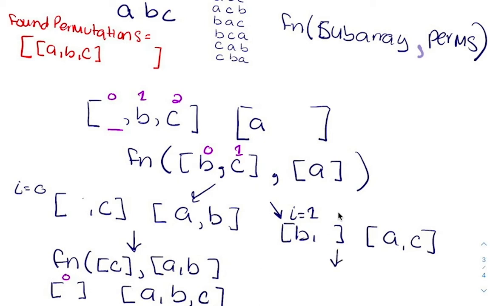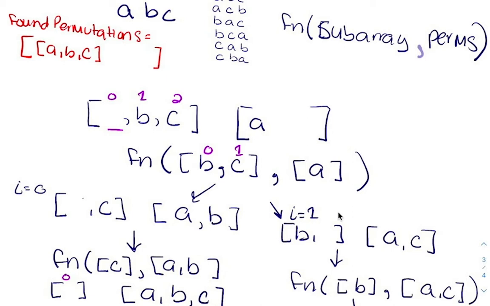So we're going to recurse again, because we haven't found a valid permutation yet. The reason we know that is because our subarray still has one element in it. So we're going to recurse, and this time our subarray has element B, and our permutation array has A and C.